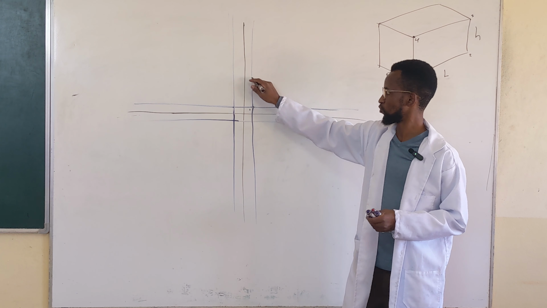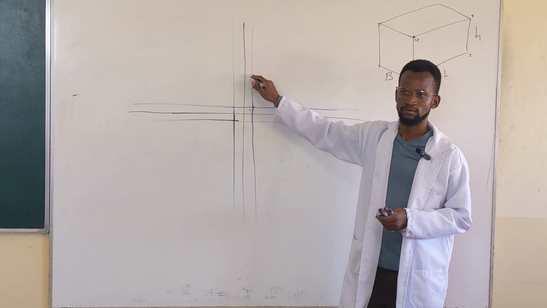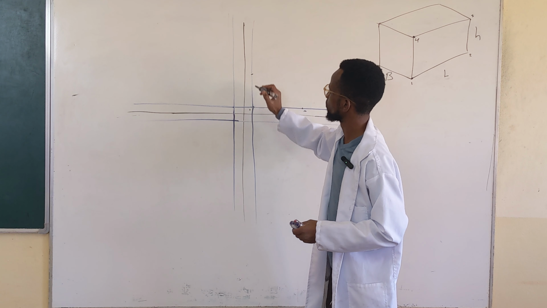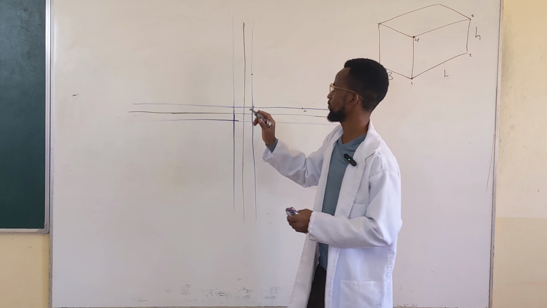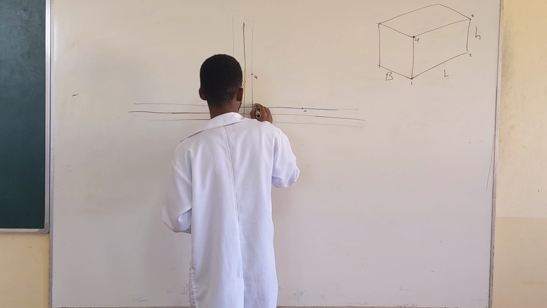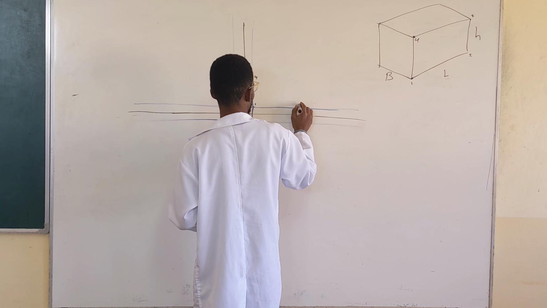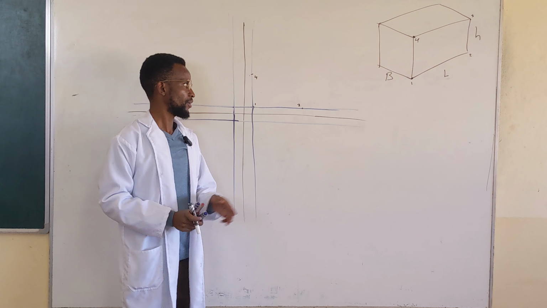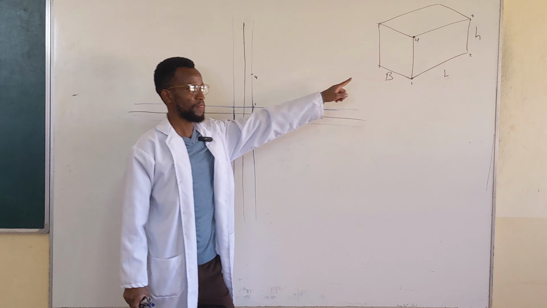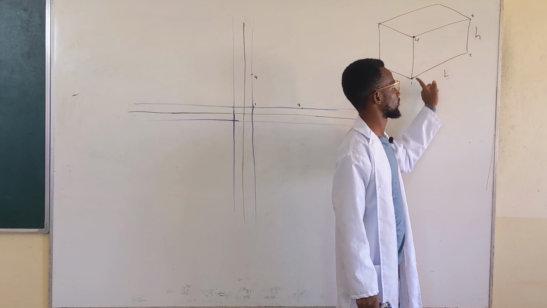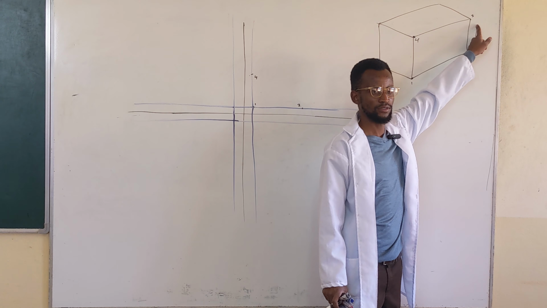From 1, we go to 4 there. Here, there's a line that is parallel to the height. This one here, which is that one there.